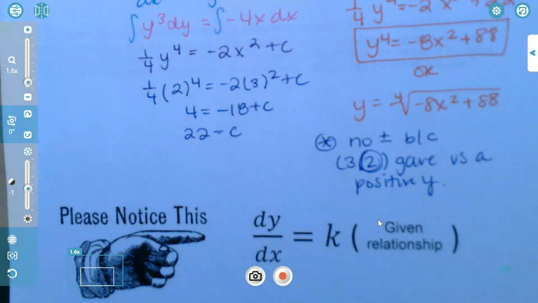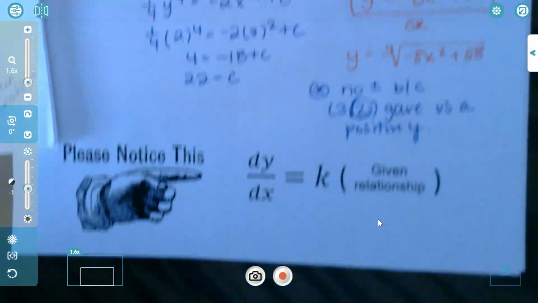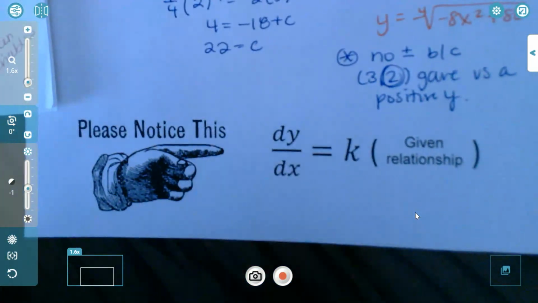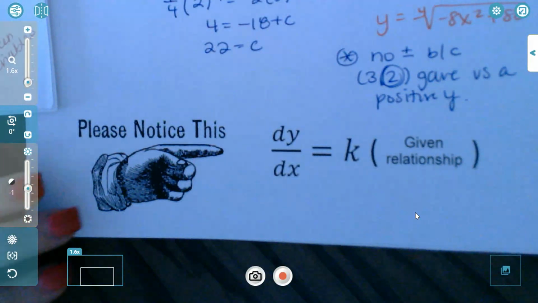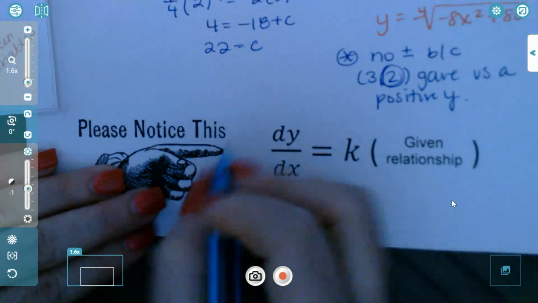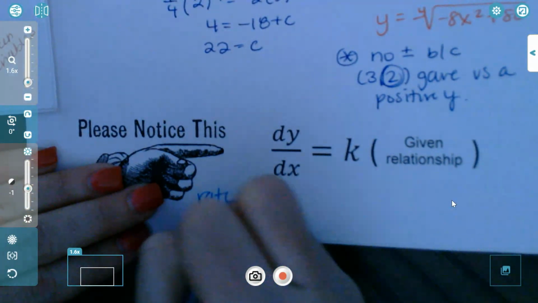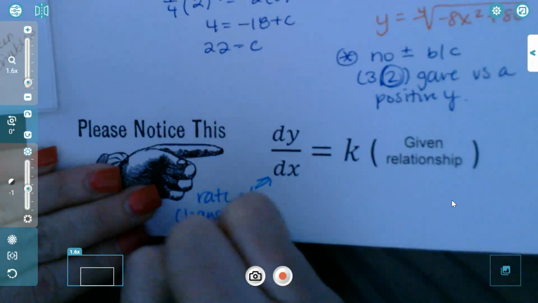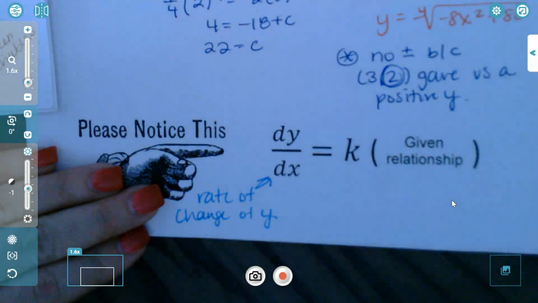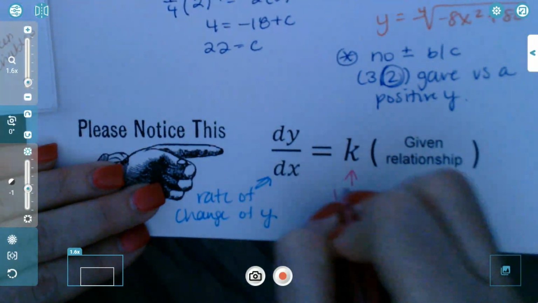Okay, all right, and then down here you're going to notice this is our given relationship, where normally dy dx is our rate of change of y. Our k basically means is proportional to.